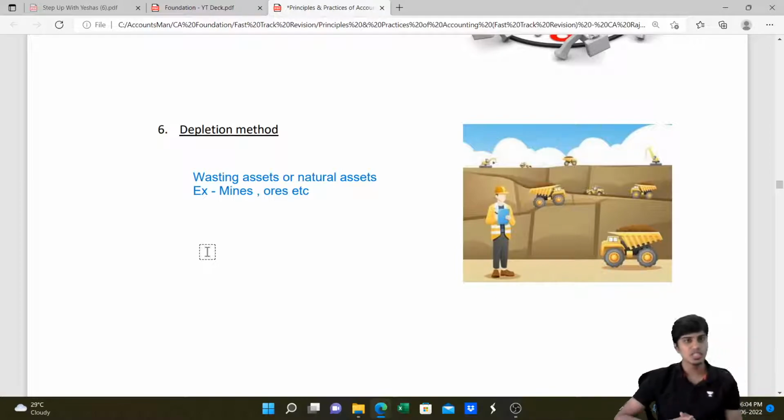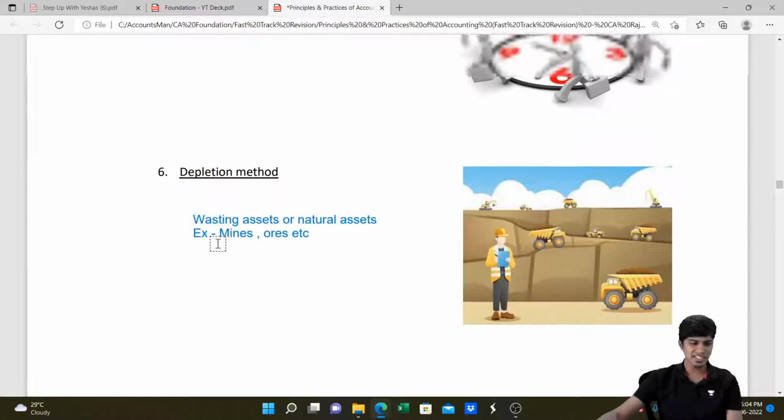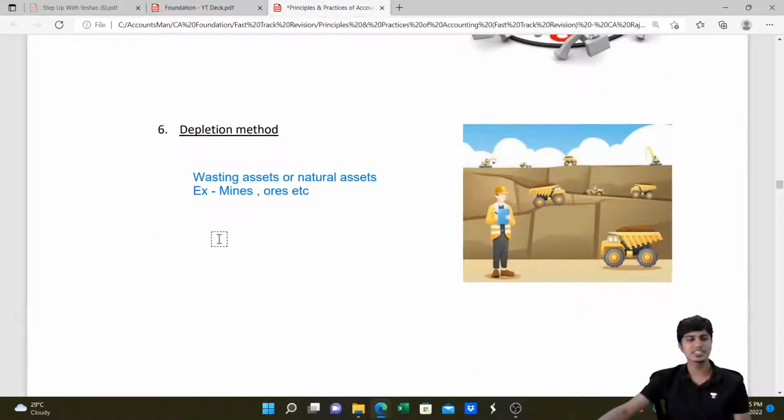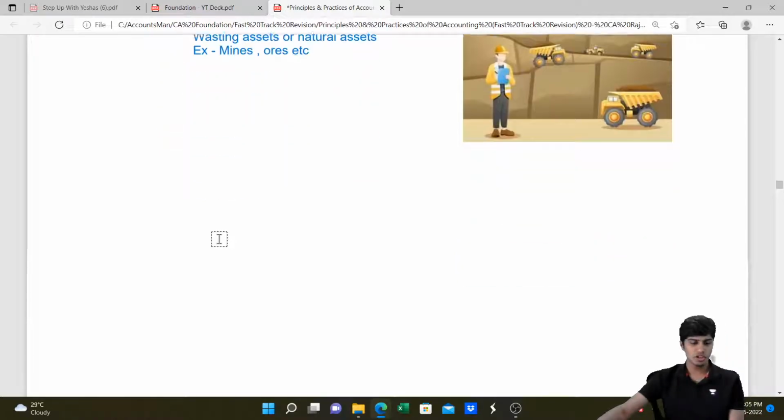For all of this, we use this method of depreciation, wherein actuarial valuation will come into the picture. Otherwise, it is more of our production units method, except for the fact that here the asset, once exhausted, will not come back. It is not a renewable source of resource. That's the only point under depletion. Otherwise, the majority of it is the same.